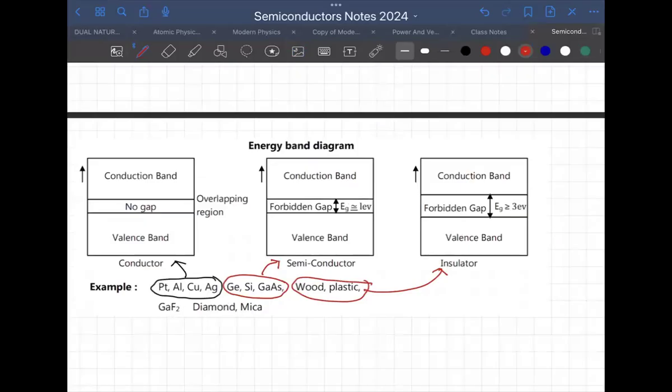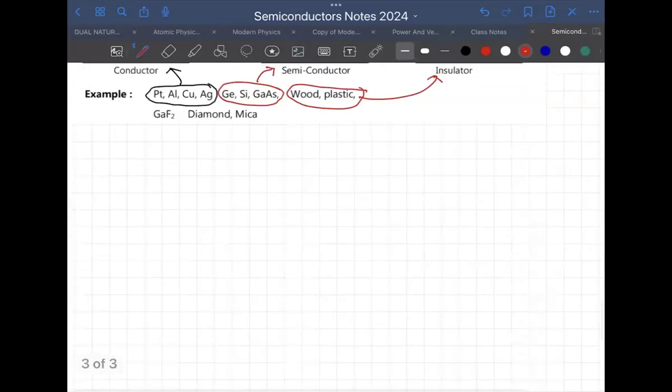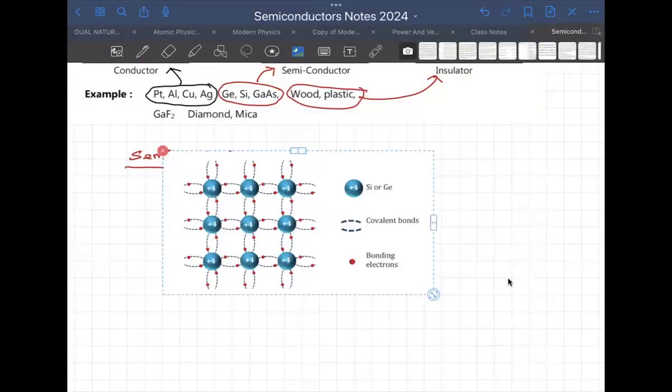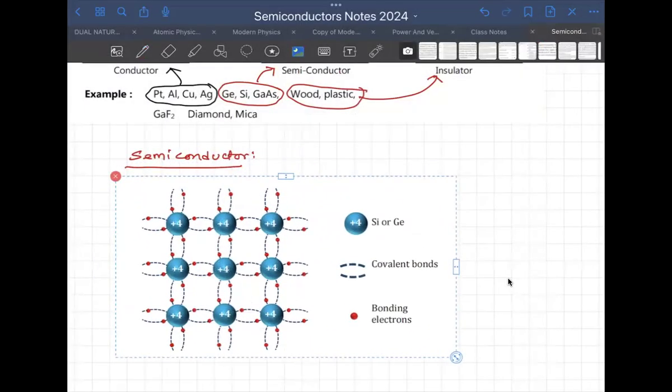Now we will go with proper understanding of a semiconductor. What is happening in a semiconductor? See, usually silicon or germanium will have the valence state electronic configuration ns2 np2, which means it will have 4 electrons, which forms 4 bonds, like what I am showing in the figure.